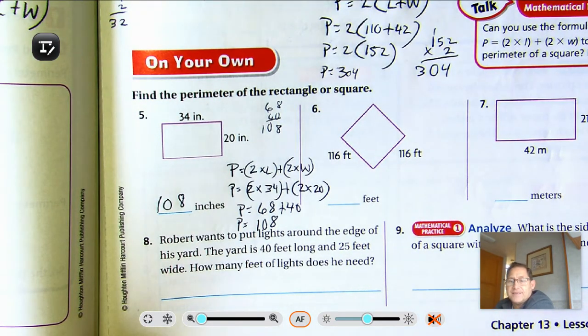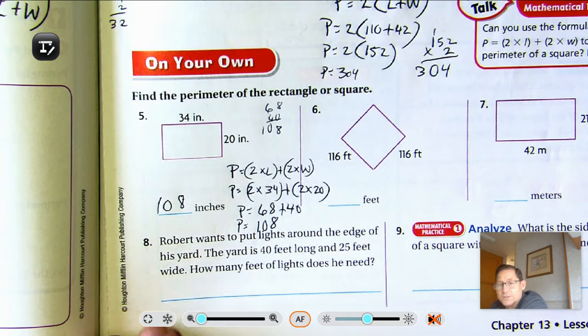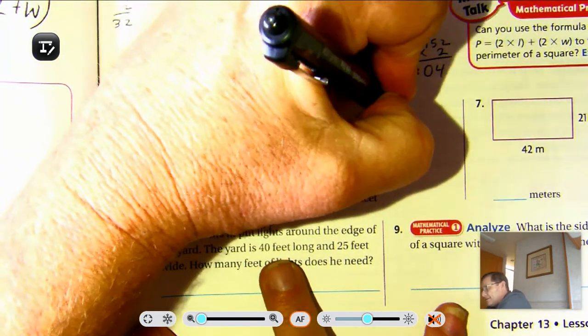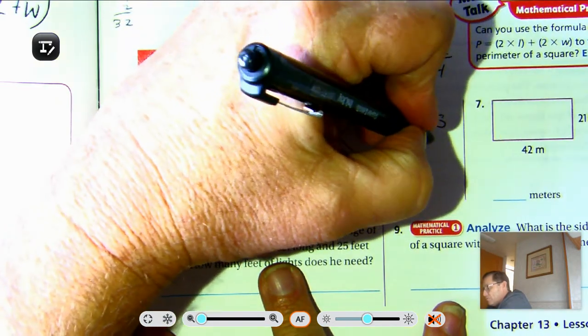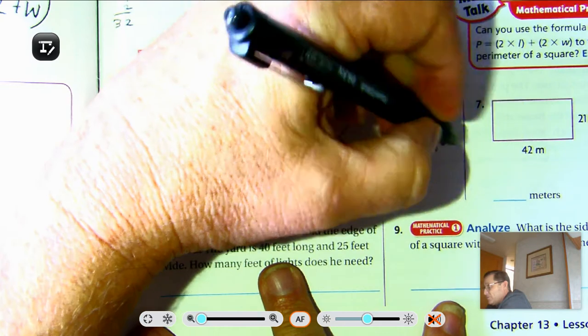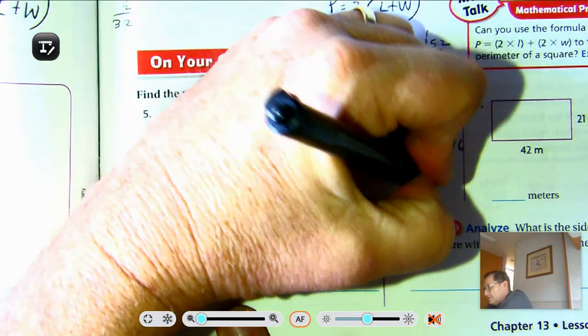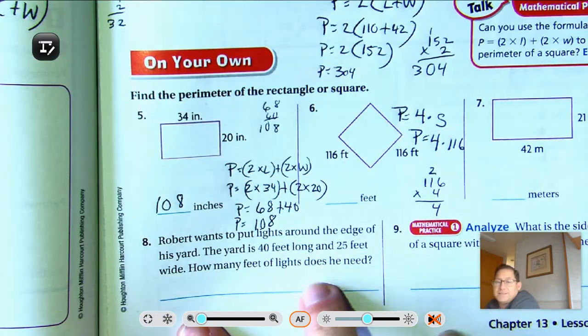Number 6 is a rhombus. All 4 sides are equal. Okay. It does have 4 right angles, so it's also a square. So P equals 4 times S. P equals 4 times 116. 116 times 4. 4 times 6 is 24.